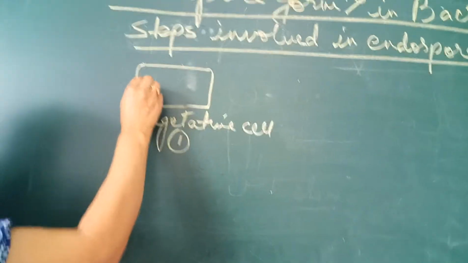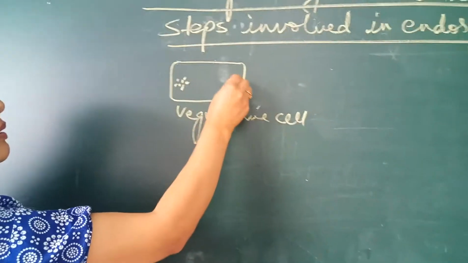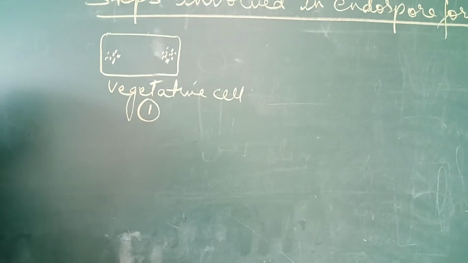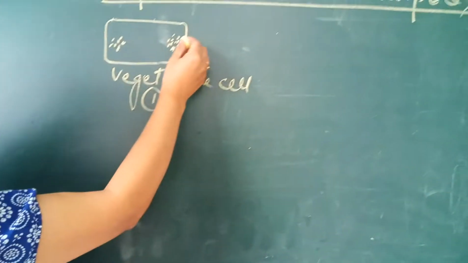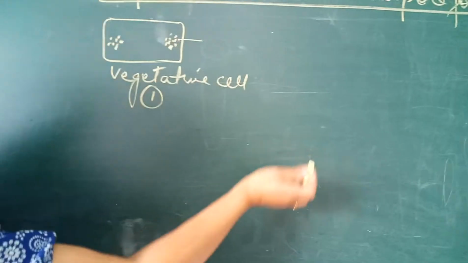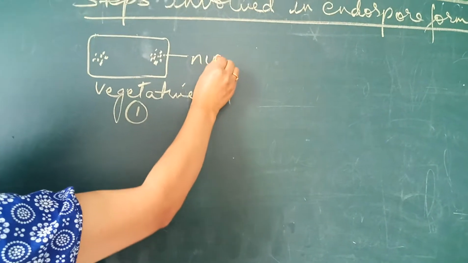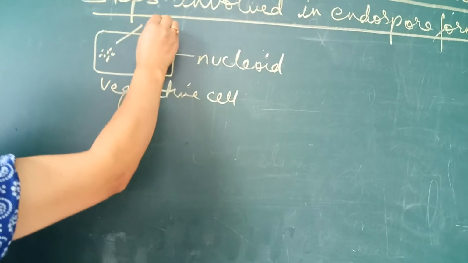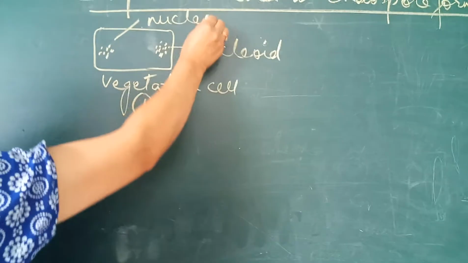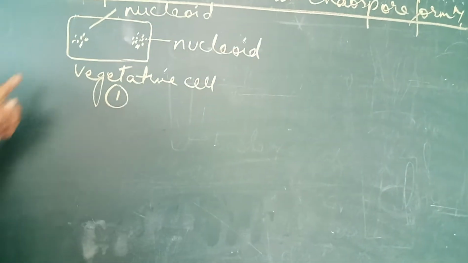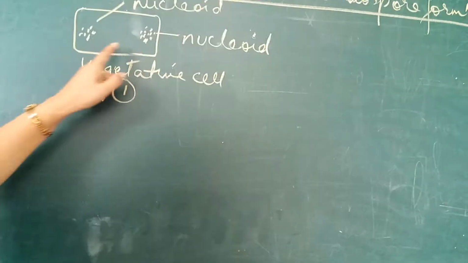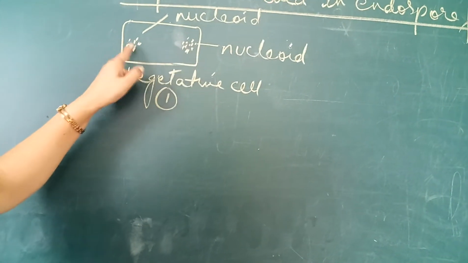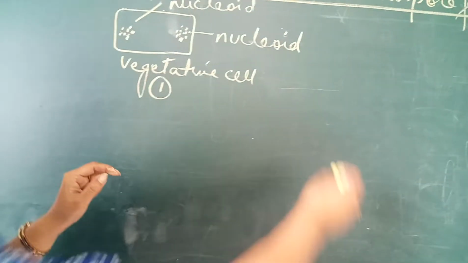Now this bacterial cell has nuclear material. This nuclear material you don't call a nucleus, but you call it a nucleoid. In the first step, what will happen to this nucleoid, this nuclear material which is present inside the cell?